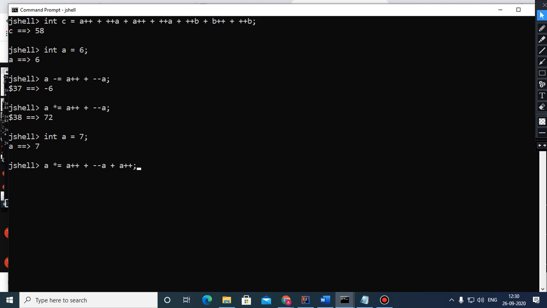So here what you need to do, you have to write the expression again, and the initial value of A is 7. So 7 asterisk and then the bracket, that is A plus plus. So that is 7 plus, when control transfers it becomes 8, but when it reaches here it is 7 plus 7. Why? Because it is 7 and when it reaches here it is 7.